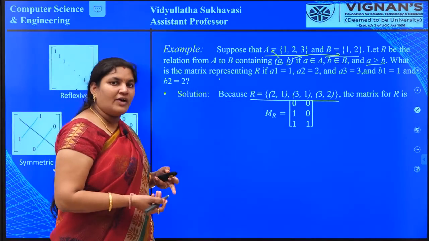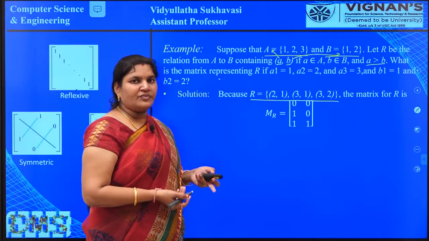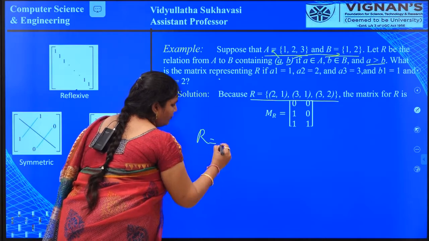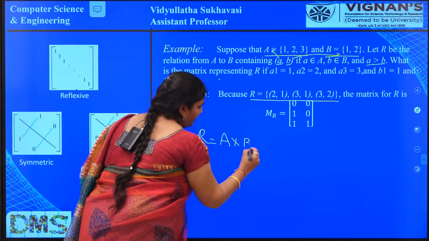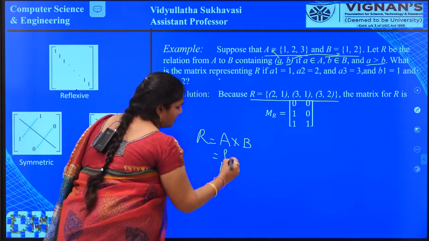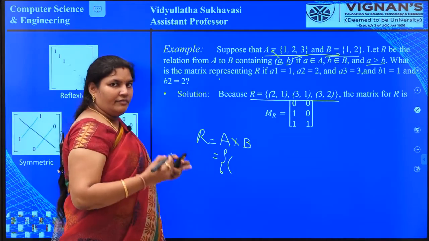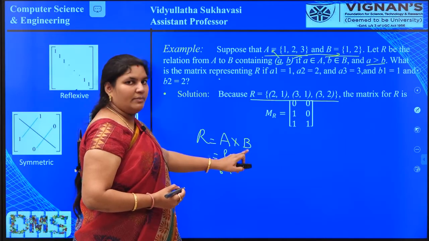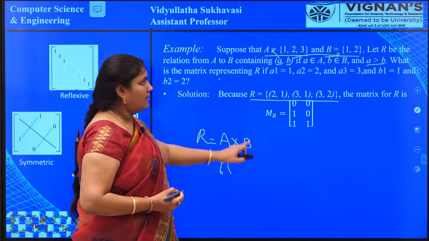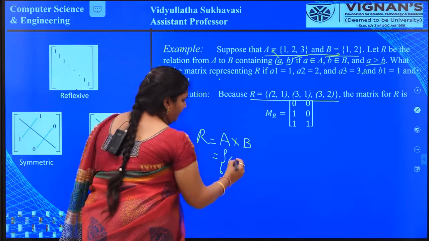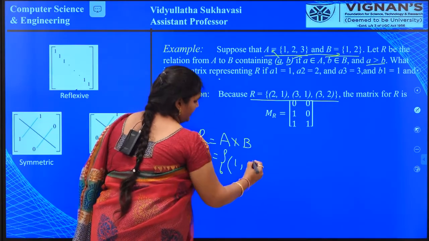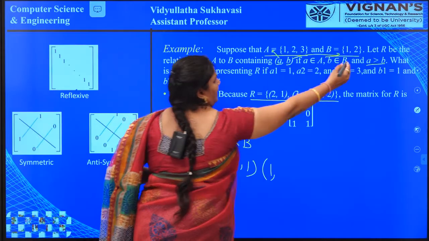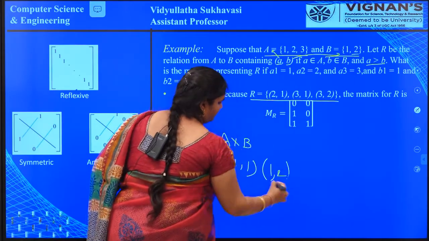So we find the relation R with the help of the Cartesian product only. Here R is equal to A cross B. How are we going to find A cross B? We take the first element from set A and the second element from set B. So the first element is 1 and the second element from set B is 1, giving (1, 1). Next, the first element is 1 in A and the second element is 2.